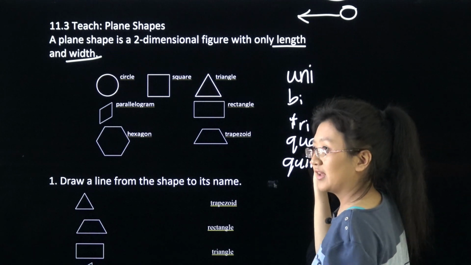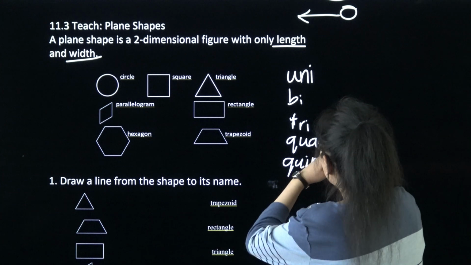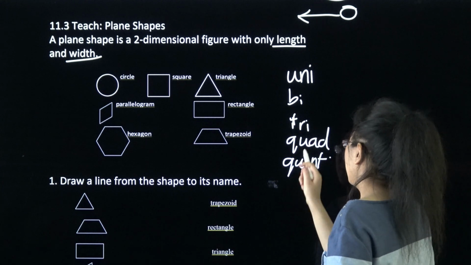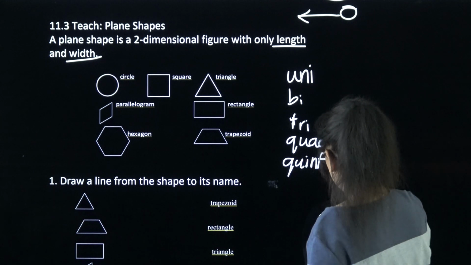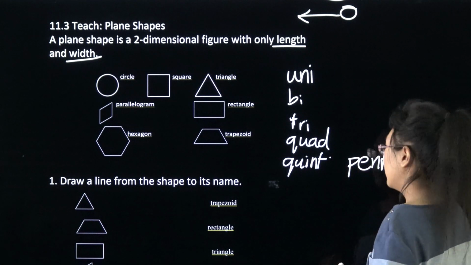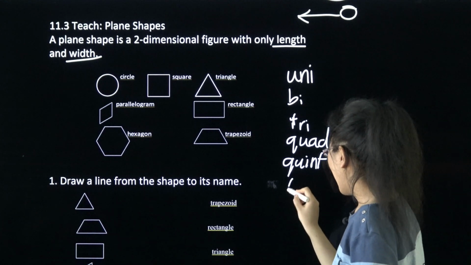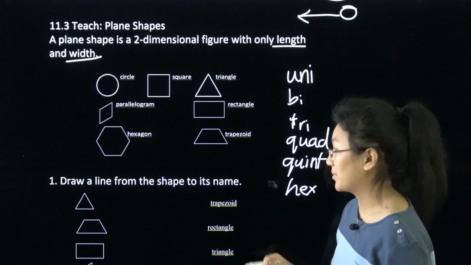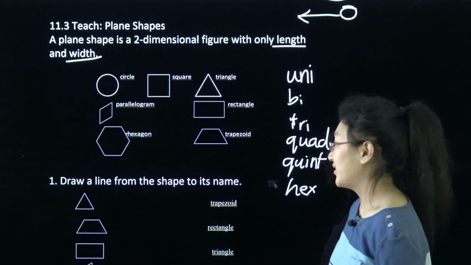Note that the word gazillion doesn't actually really exist in math terms. We have billion, trillion, quadrillion, and then we have quintillion. But for shapes, we have pent, such as pentagon. And then we have hex for shapes. We're just going to go with shapes now, which is why the hexagon is called the hexagon, because it has 6 sides.